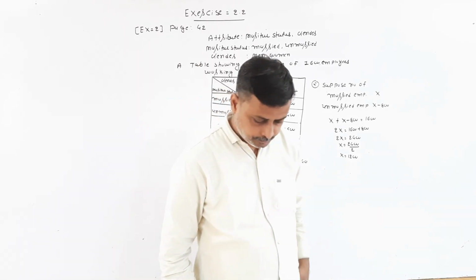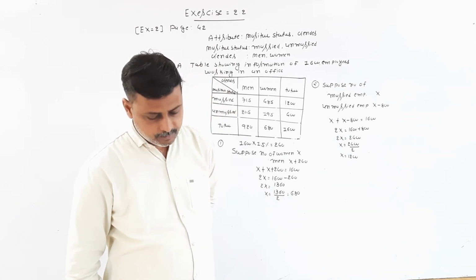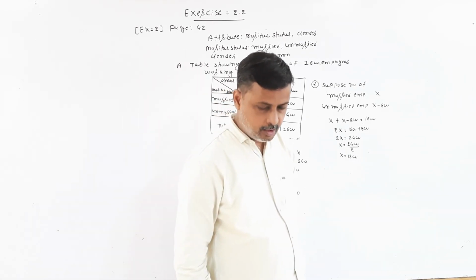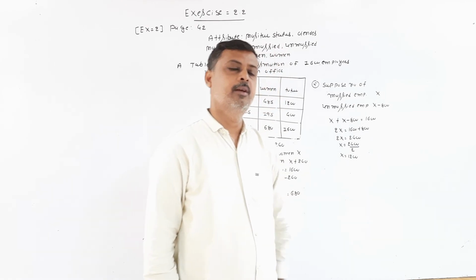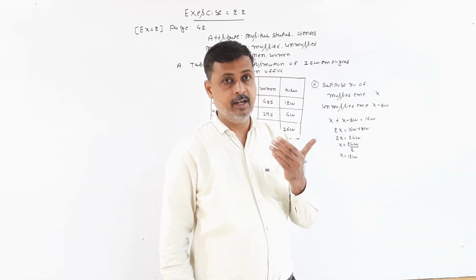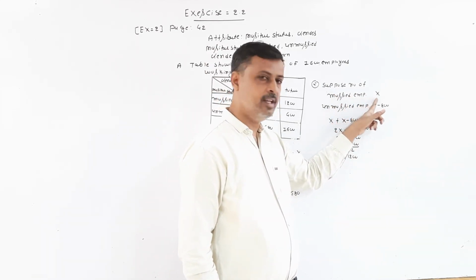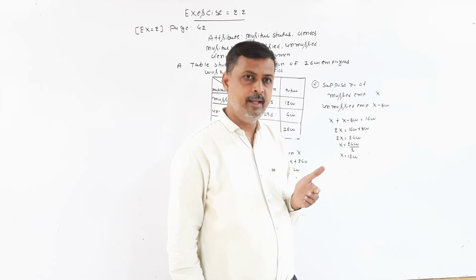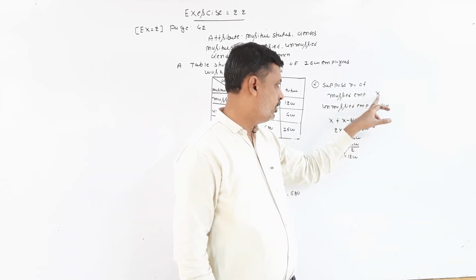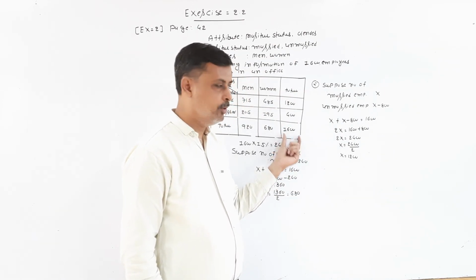Then the number of unmarried employees is 800 less than the number of married employees. Suppose the number of married employees is x and unmarried is 800 less. So x minus 800. We have total 1600 employees.